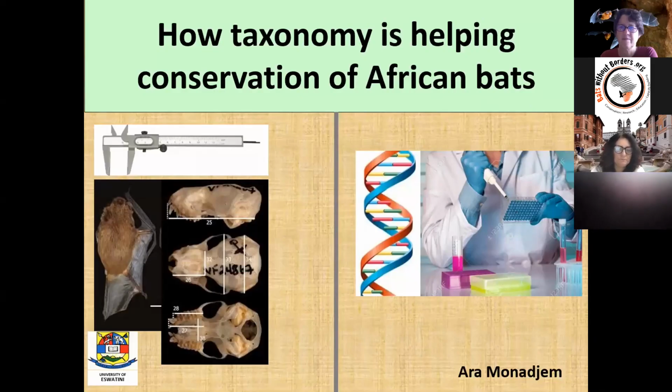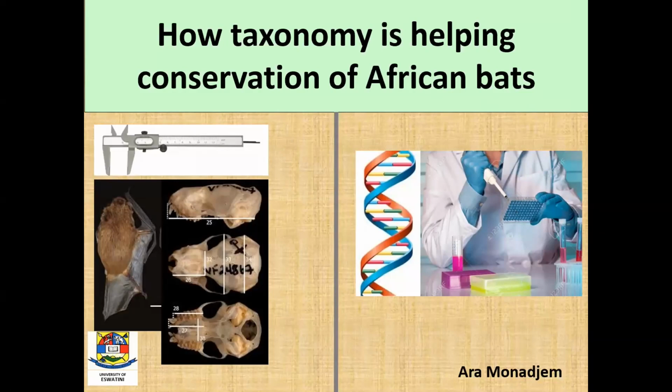To give you some background, I'm an ecologist, or at least I'm supposed to be an ecologist, and most of my working life I've worked as an ecologist, and I was always a bit skeptical about taxonomy and systematics, and thought it was something we should leave to other people to do.